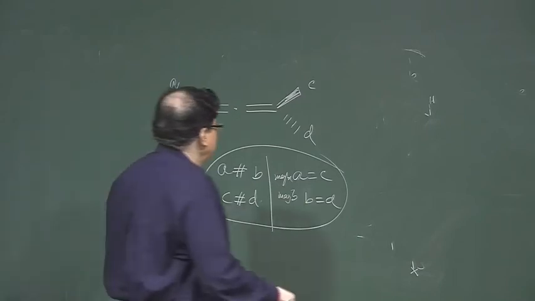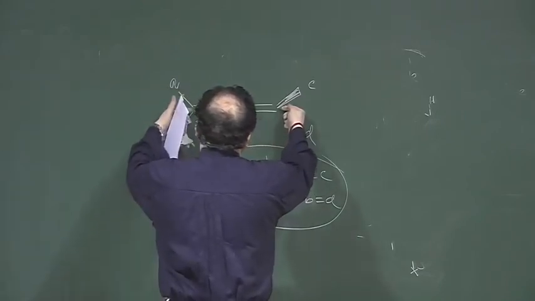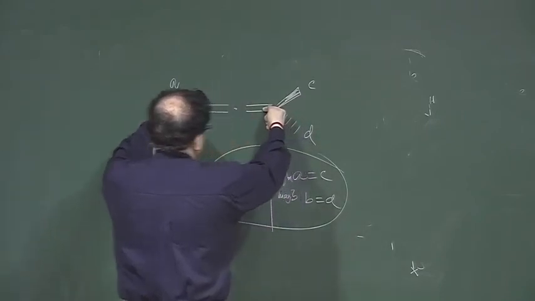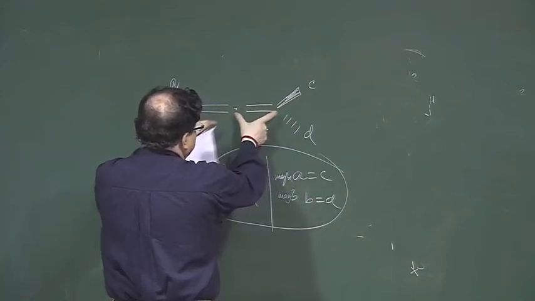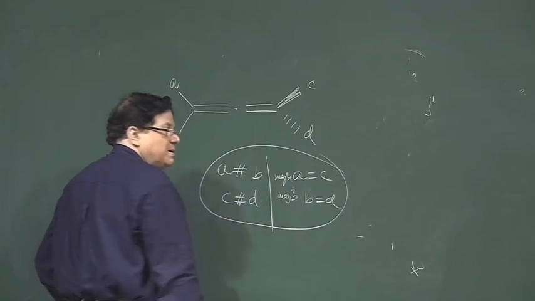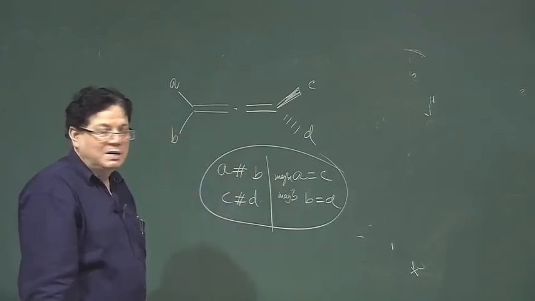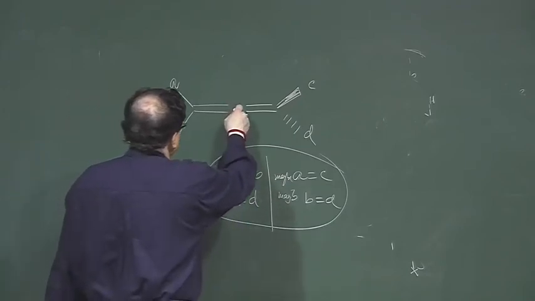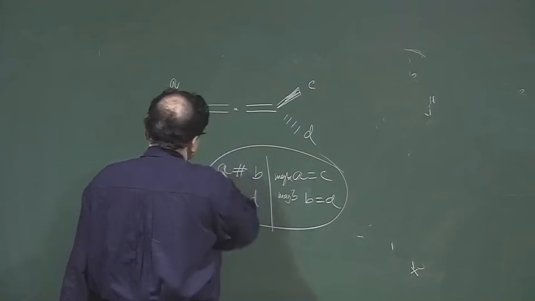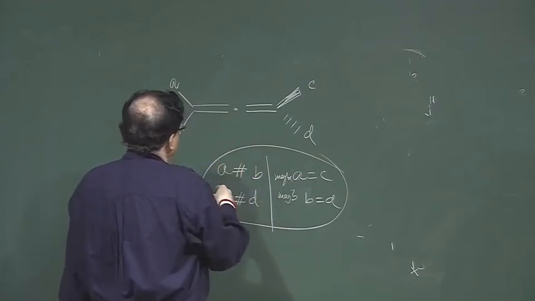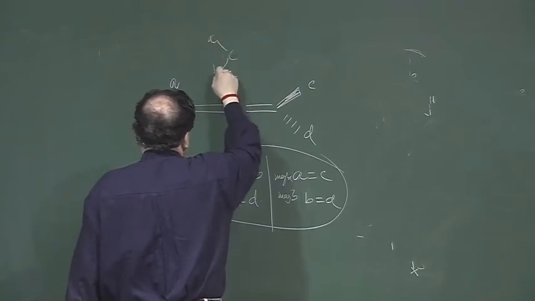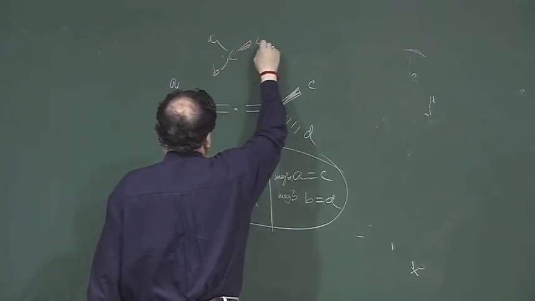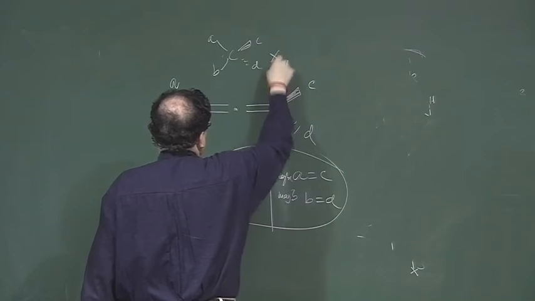This can be considered as follows: if you push this carbon and bring it here so that they meet each other, compressing these pi bonds, you get a tetrahedral. In a tetrahedral, if the two substituents become the same, that is not chiral.